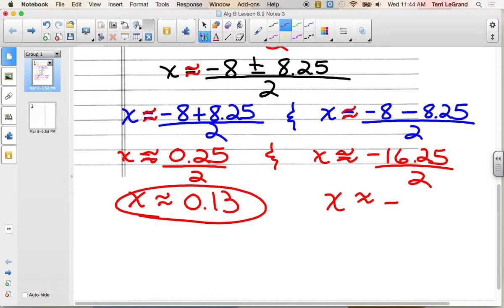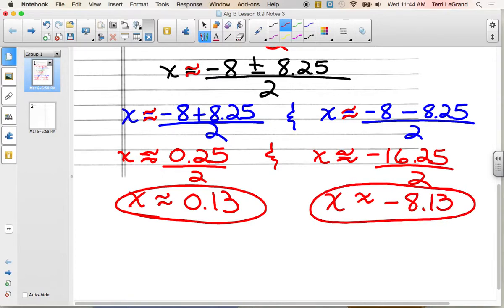What does this one come out to? Negative 8.13. Okay. So again, this one comes out to a negative 8.125, and that 0.125 can be rounded to 13 hundredths. So x is approximately equal to negative 8 and 13 hundredths.